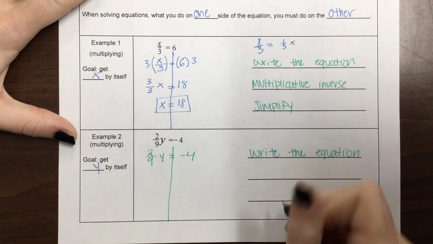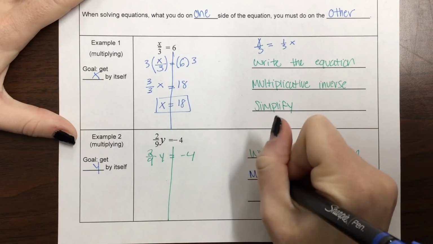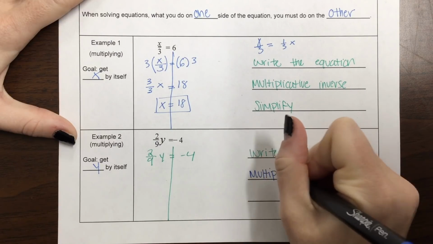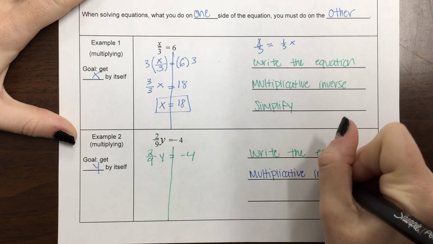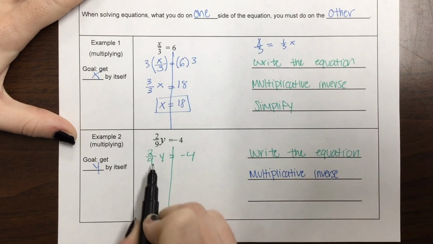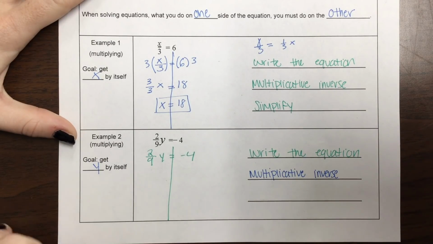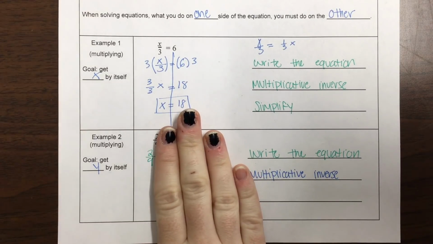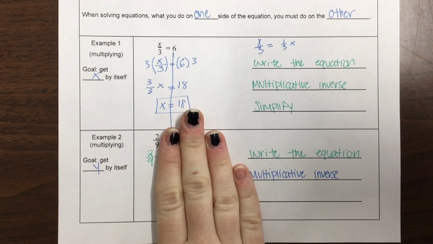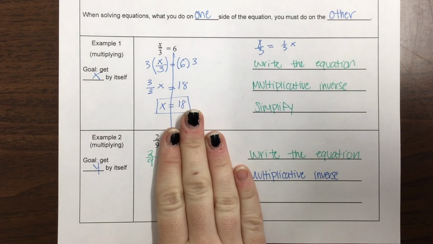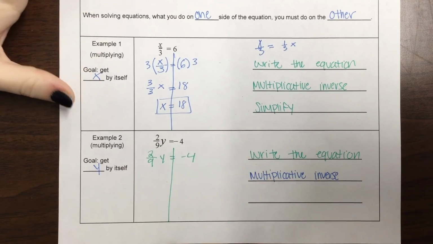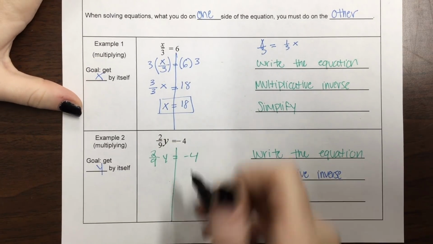Then I'm going to use the multiplicative inverse. And so I want to get rid of this fraction in front of the y. That's my whole goal. I want to know, what can I do to this fraction to make it 1? And that is by the multiplicative inverse. That's what we saw when we defined it earlier.